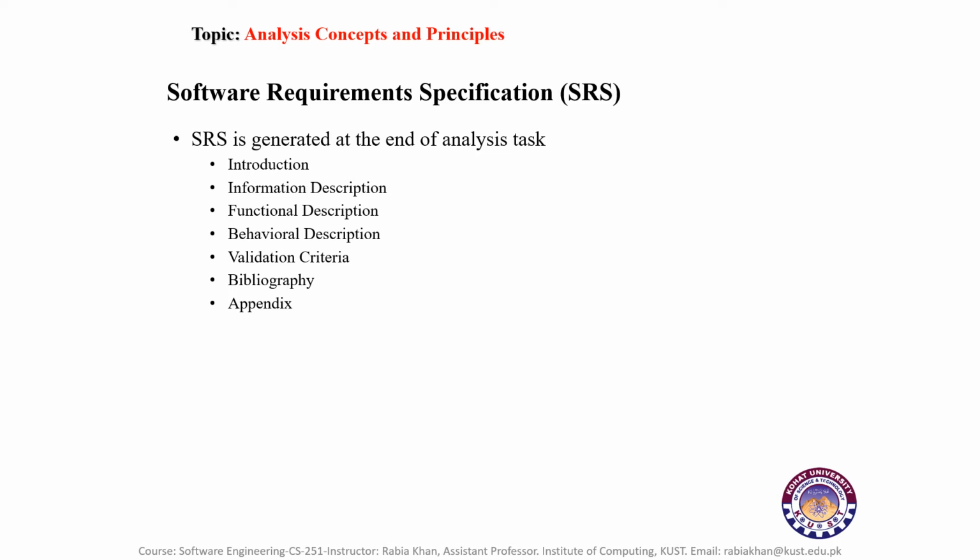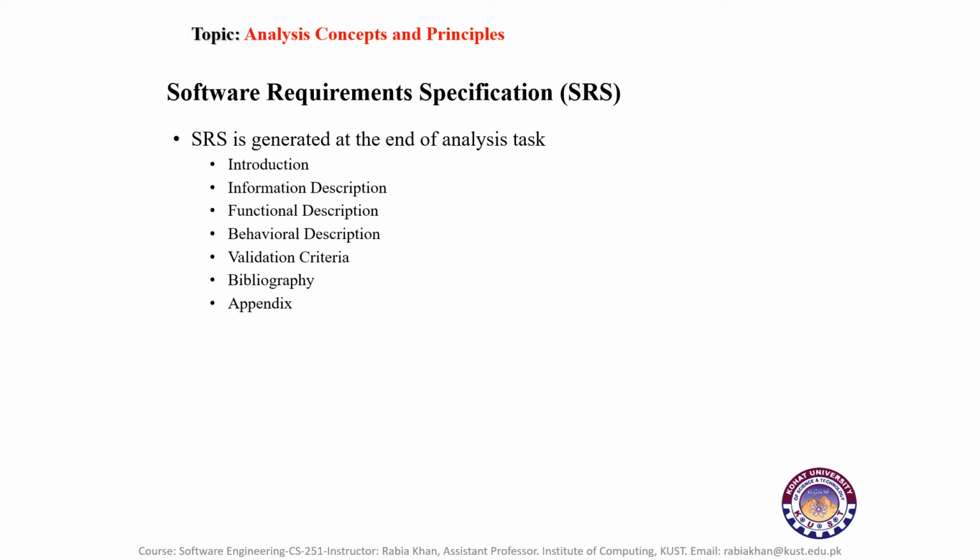So this is actually a complete set of user requirements, customer requirements, along with the detailed description of the system that is going to be developed. Not only the functional description, the functions that are to be performed, they are placed in the SRS along with the behavior the system will show in response to different events, and the constraints that the system needs to follow.